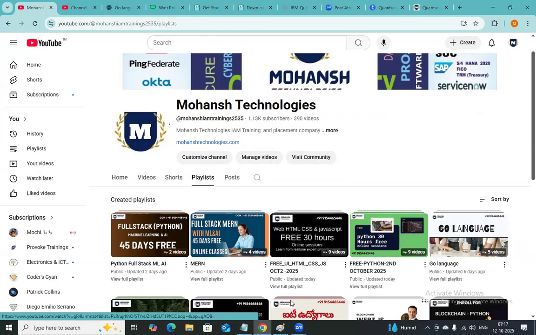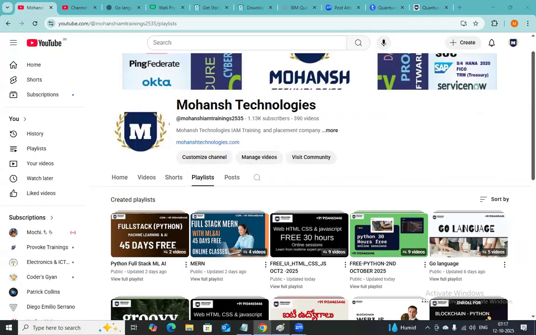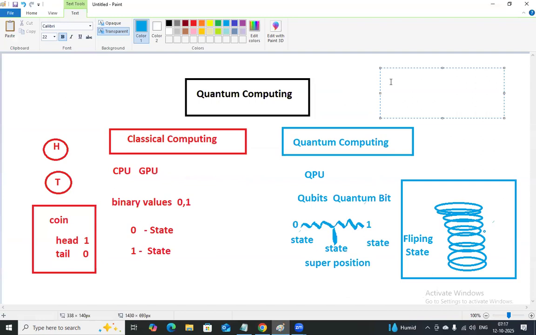On October 20, we are going to start a new batch for free full stack Python, full stack ML AI, and this is going to be a 45-day session, free of cost. No need to pay any money.